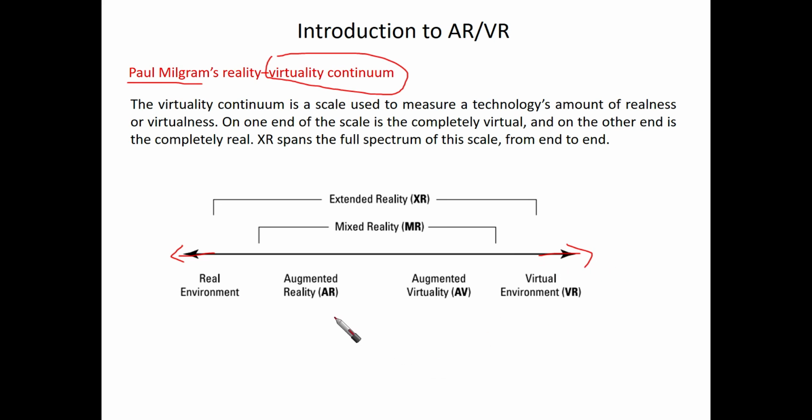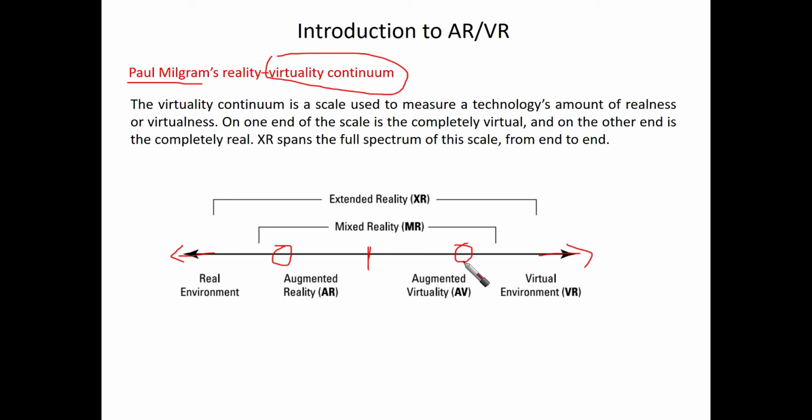Now augmented reality, let's say this is the center point somehow, and augmented reality is somewhere here. That means mostly your environment is physical, and you are just mixing in some digital content. So that's what augmented reality is. And virtual reality is at the right side, and augmented virtuality is maybe somewhere here.